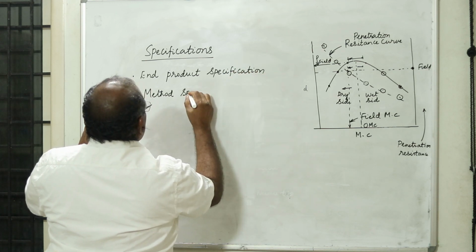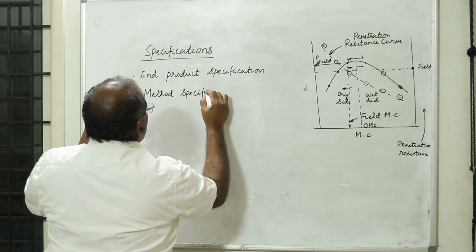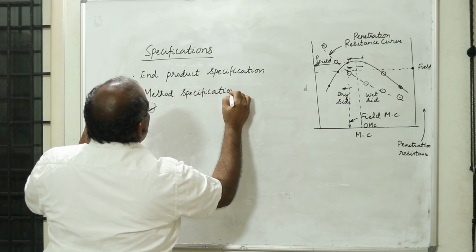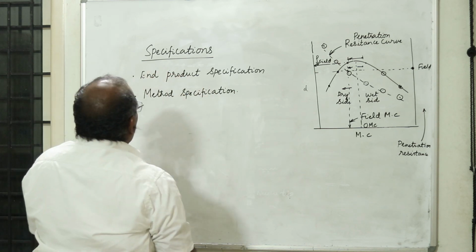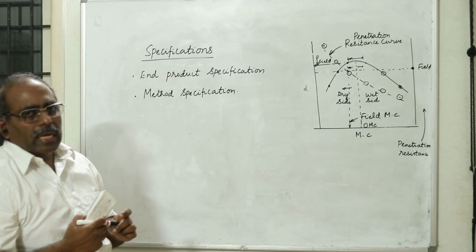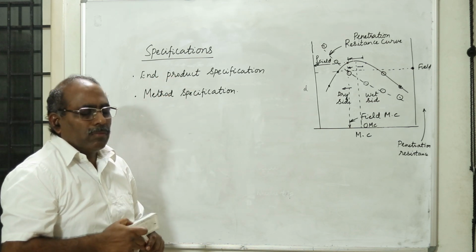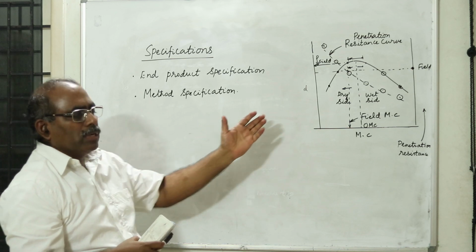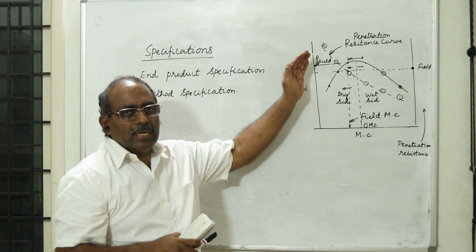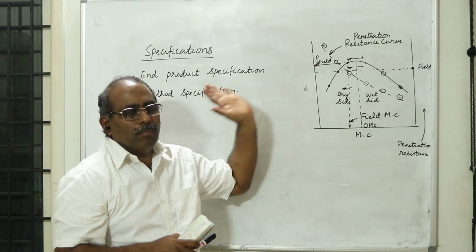What do you mean by end product specification? As the name itself indicates, the end product. What is my end product? In compaction, it is only the compaction achieved, whether it is the density or the moisture content.